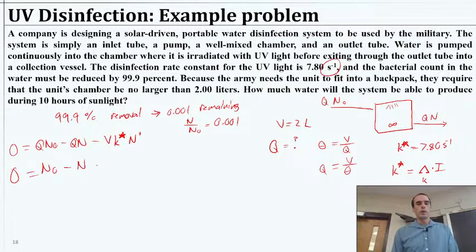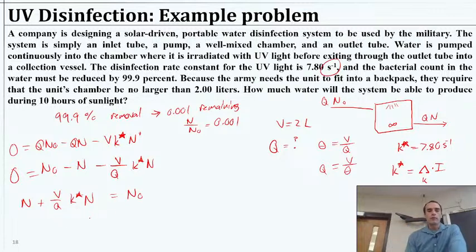This will be the simplest way. I'm going to leave it as V over Q, so it's kind of obvious what we're looking for. K star times N. We'll separate out the N's to one side, so N plus V over Q, K star times N, all that equals N naught.